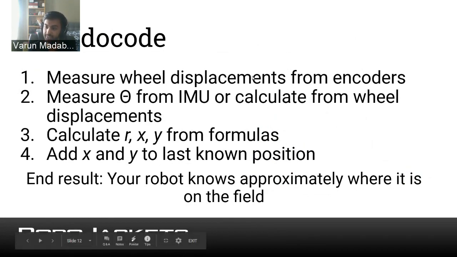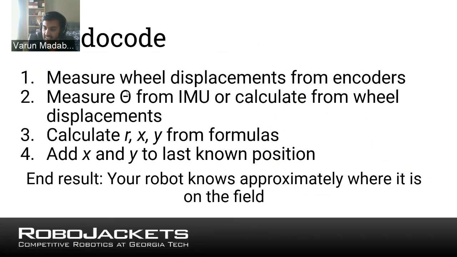First step is measure the wheel displacements. And then you can calculate theta using either the IMU or those wheel displacements using the formulas. Calculate R, X, and Y. And then X and Y are just steps that you've made since the last known position of the robot.